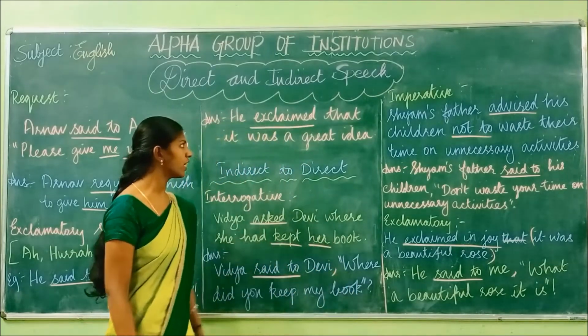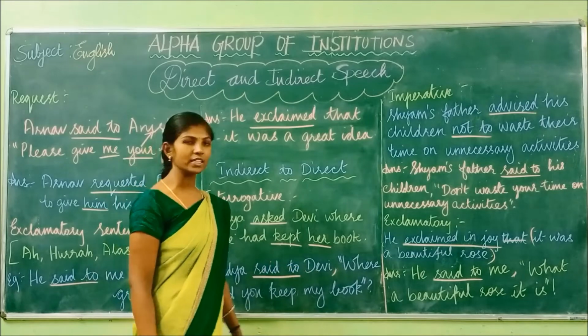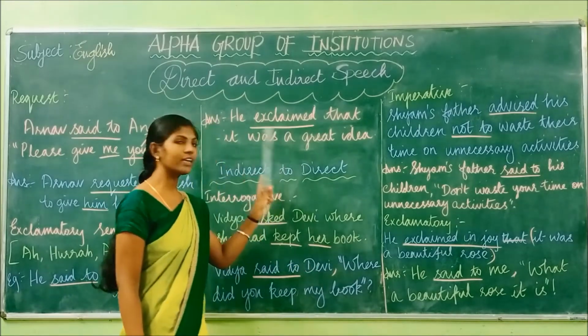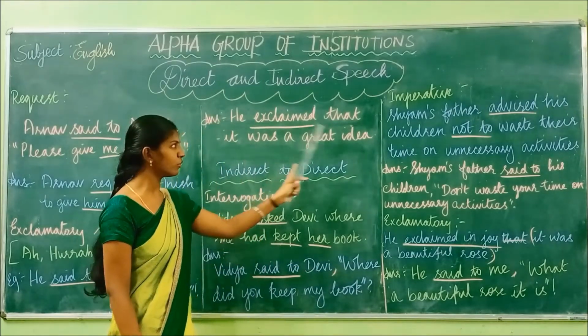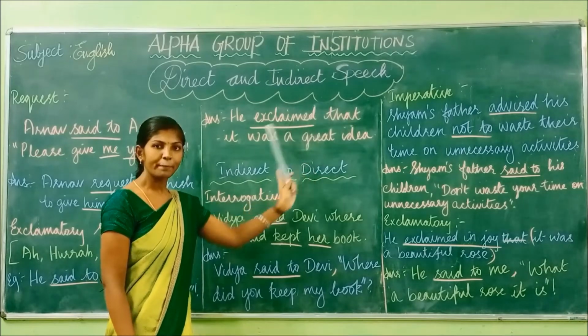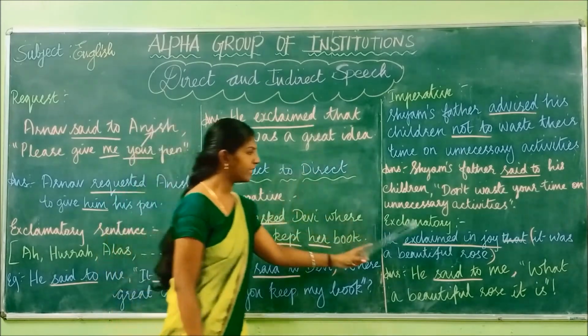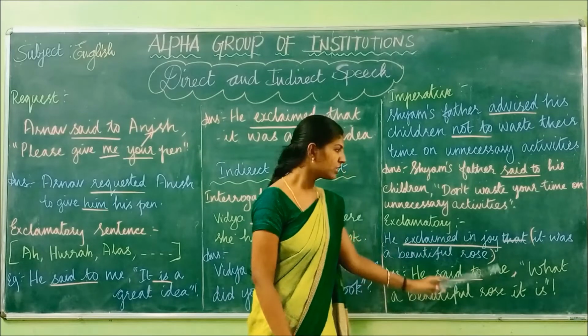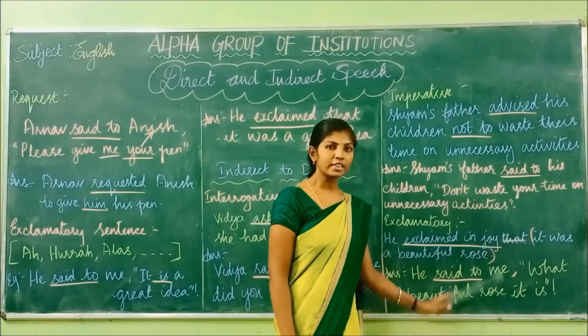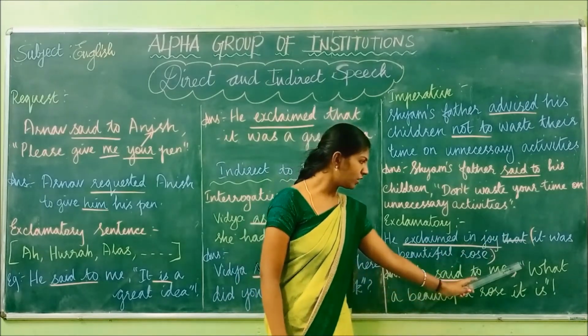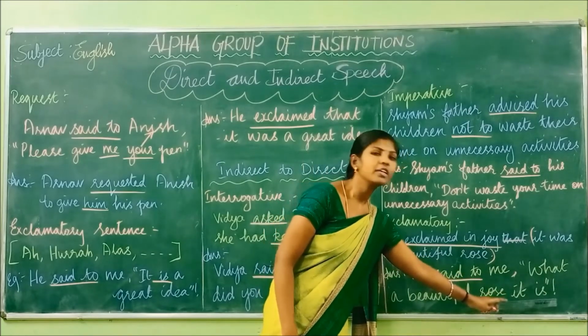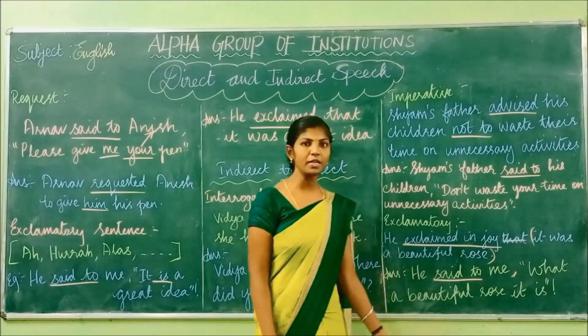Okay, children. So we have completed exclamatory sentences also. When you are changing from direct to indirect, you use the connecting word that between these two sentences. And when you are changing from indirect to direct, you take out this that, open quotes, close the quotes and give an exclamation mark.